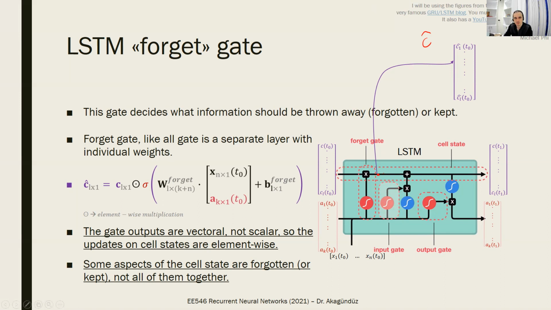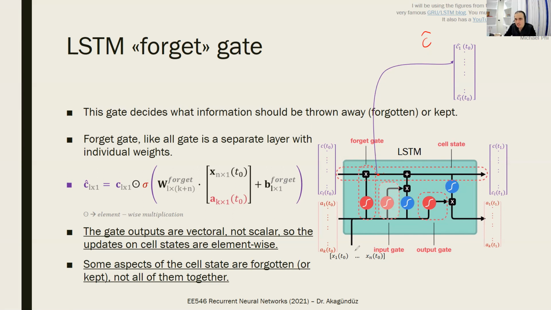Let me draw it in a way that I can later erase. So you could feed it here. This is called the peephole LSTM, which we are going to talk about later. But in the regular LSTM, we don't do this. At this point, we create an intermediate cell state.